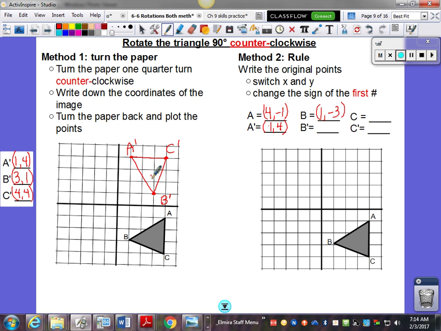And we can see from the turn the paper method that the numbers switch sides, and this first number, this x value, changes negative to positive. My original C is at 4, -4, and my new C is at -4, 4. So they're both 4, so when they switch places, you don't kind of notice it, but do notice that this -4, when it came down here and they switched to be in the first position, it also changes signs.